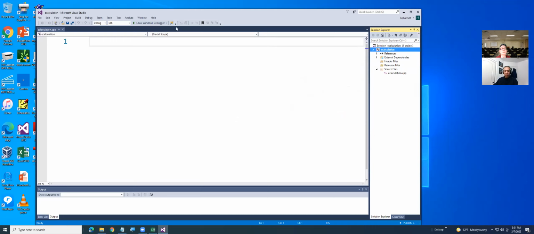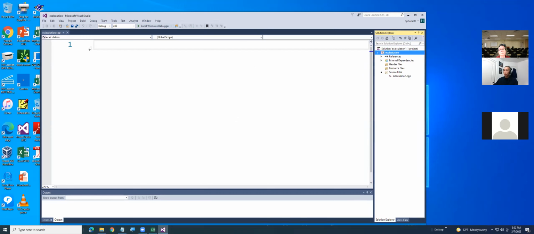Okay, up until this point, anyone got a question, anything? Yes, I got lost in the last thing you did after you did the new item. Add new item. Then they go into the C++ window.